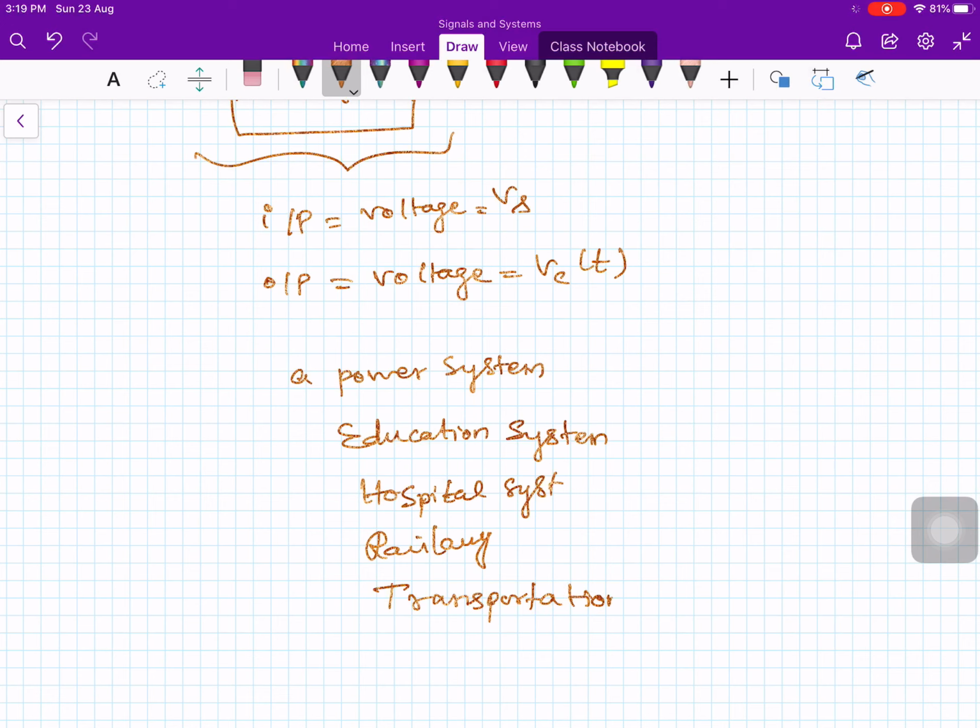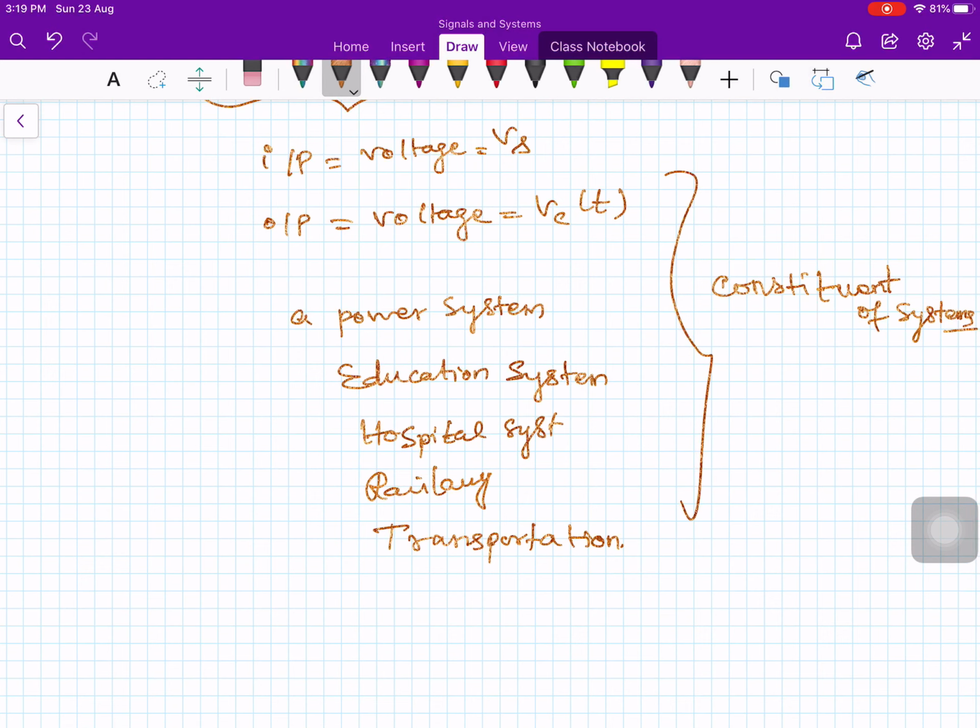So all these are constituents of systems. Therefore a system in general is a collection of objects united through some form of interdependence among the various components. So interdependence is among subsystems, as you may call.